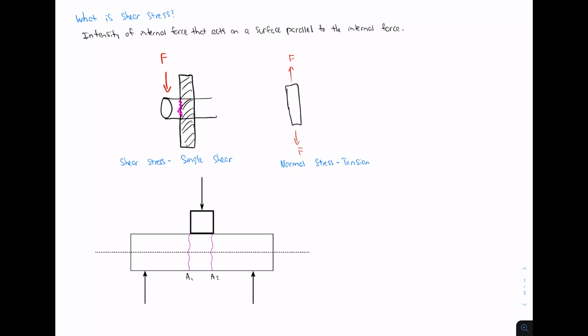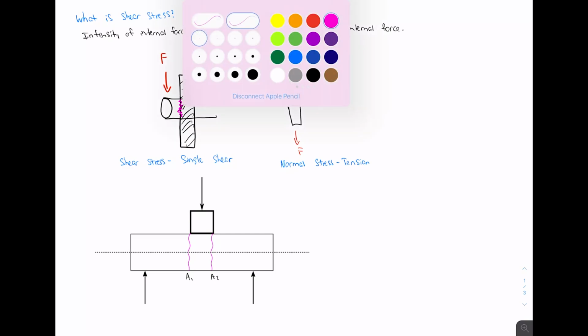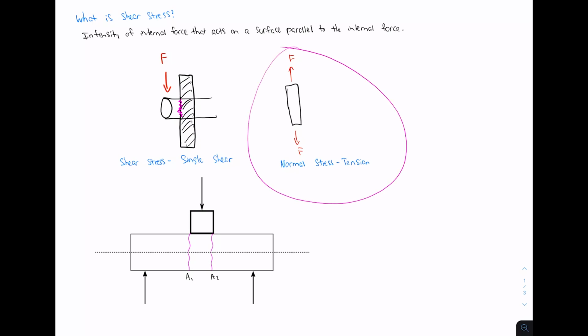Okay, so shear stress is defined as the intensity of the internal force that acts on a surface parallel to the internal force. If we think back to our first lab, we had normal stress in the scenario of tension, that's here on the right. In that case, the force was perpendicular to our surface.